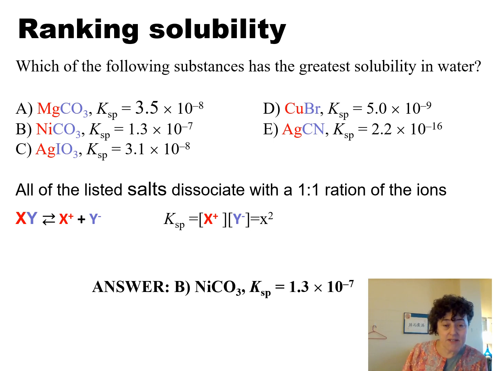In this case, we can actually directly compare the values because all those salts share the same stoichiometry. In all instances, the ratio between the cations and the anions is 1 to 1. So the answer is very easy. It's just about figuring out which one has the highest number.